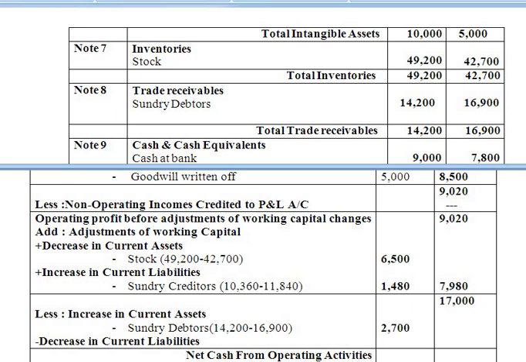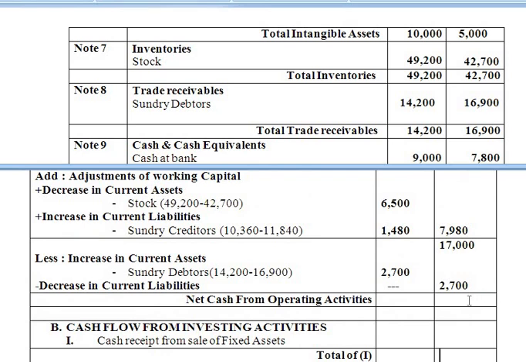Next one is decrease in current liabilities. We have only one liability, and that we have taken here. So now make the total, which will be the same, 2,700. Deduct this 2,700 from 17,000. The balance will be 14,300.